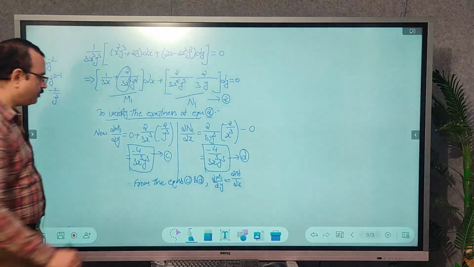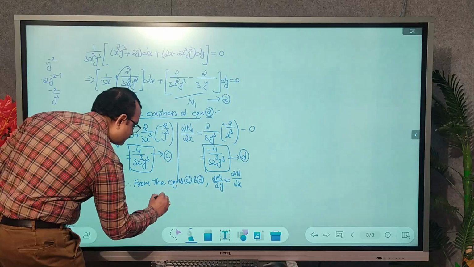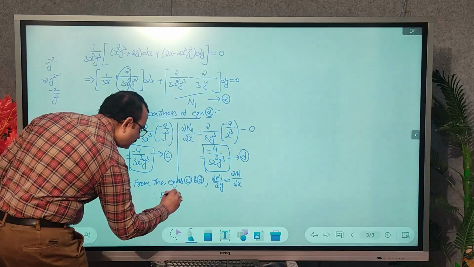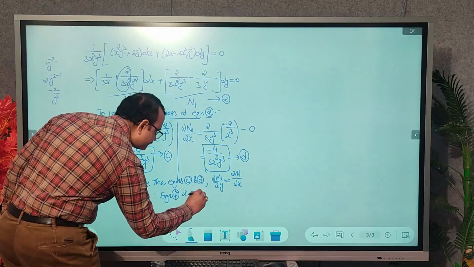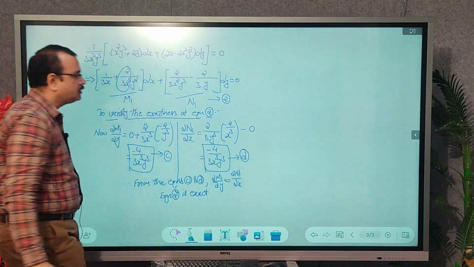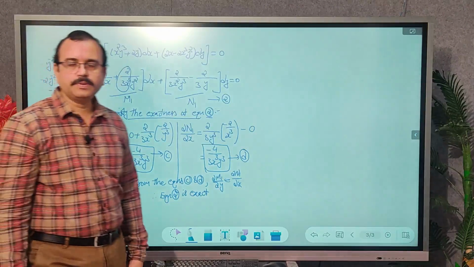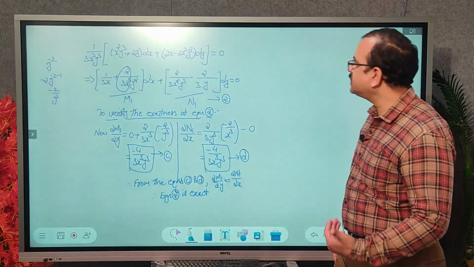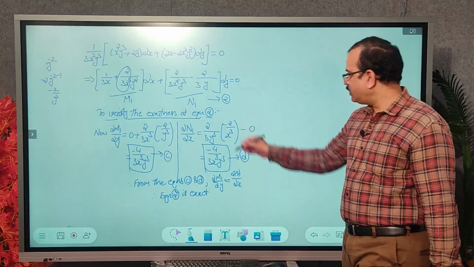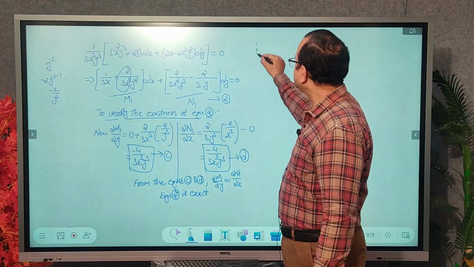Therefore equation 2 is exact. So this is how, just by multiplying the given differential equation with the integrating factor 1 by Mx minus Ny, we can convert it into an exact differential equation.